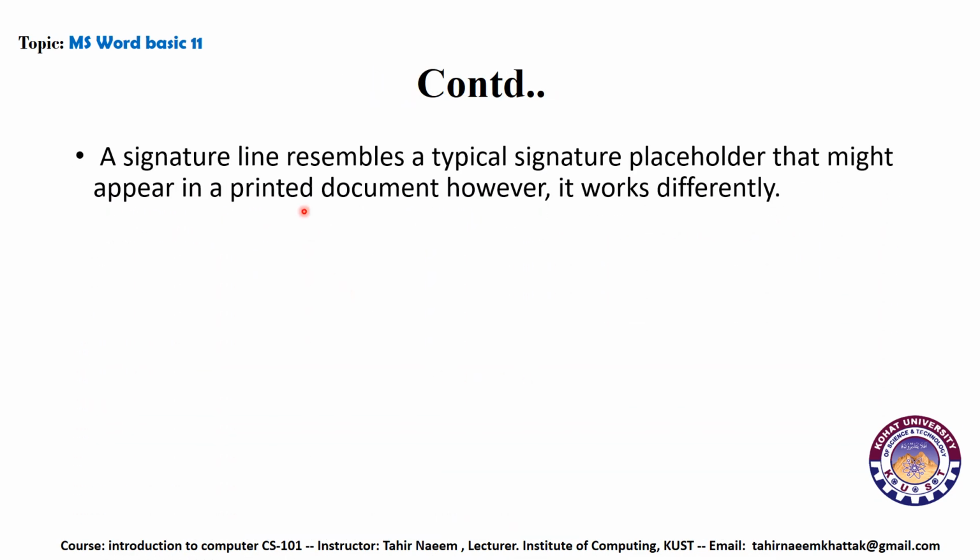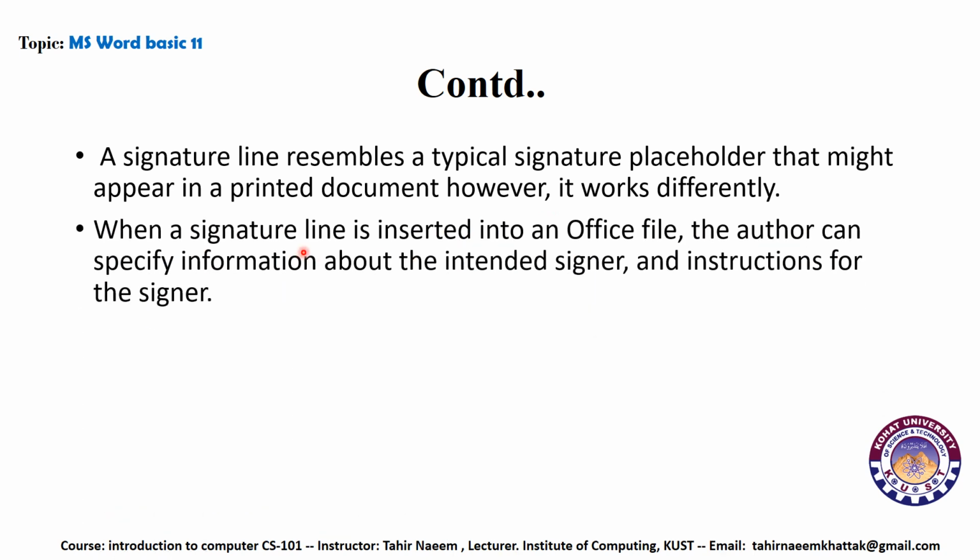A signature line resembles a typical signature placeholder that might appear in a printed document, however, it works differently. So basically, a signature line typically consists of a placeholder where the signature appears. When a signature line is inserted into an Office file, the author can specify information about the intended signer and instructions for the signer.